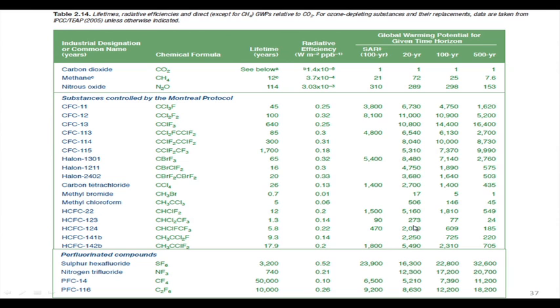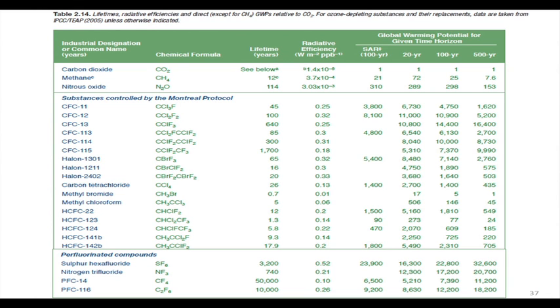If you're interested, you can look at the IPCC report, towards the appendix, where they have the calculations of how these numbers were calculated. But for this class, what you need to understand is that based on the different time horizon, the impact is different, and with respect to carbon dioxide, these are the ratios of how much higher their global warming potential is. CO2 is used as a base.